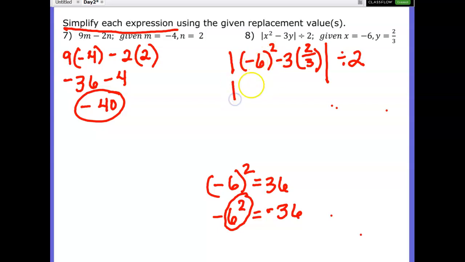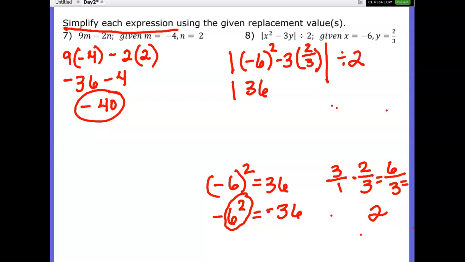All right, so negative 6 squared is 36. And then for the fraction piece, 3 times 2/3, recall multiplying fractions. We make it a proper fraction. So 3 over 1 times 2/3, and then we go straight across. We multiply the numerator times the numerator, which is 6, and the denominator times the denominator, which is 3. We end up with 2.